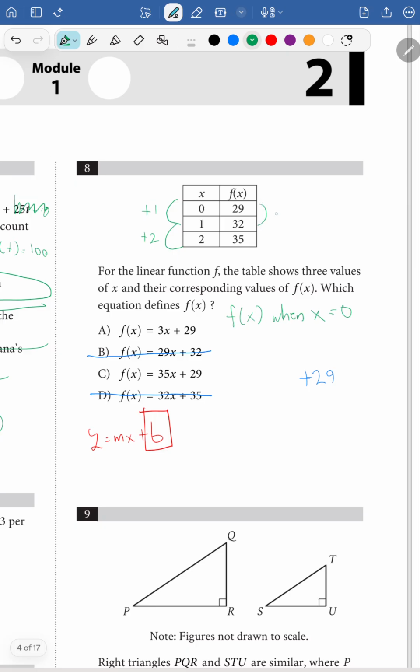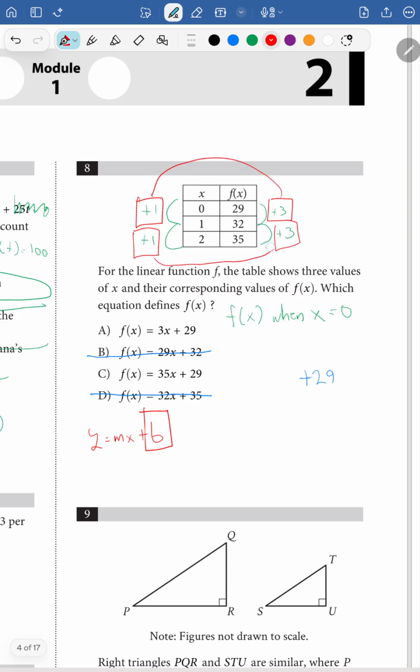From 32 to 35, we have 3. So now you look at the corresponding values. They have to be on the same side. So these are the same, these are the same.